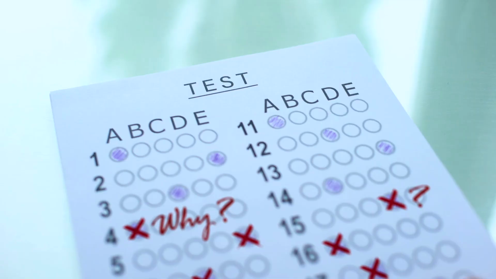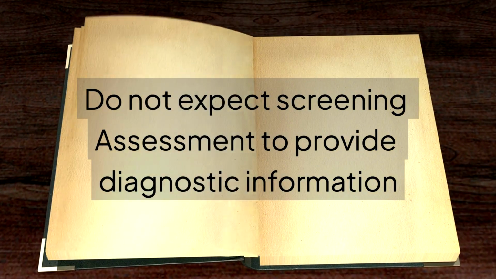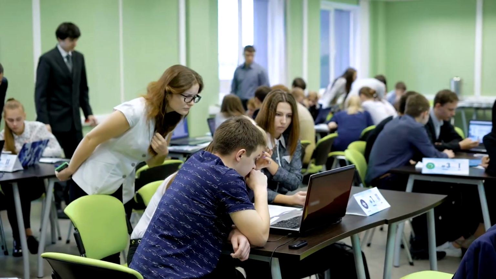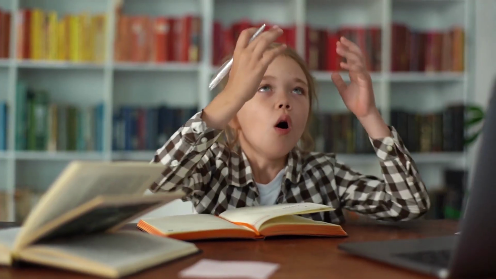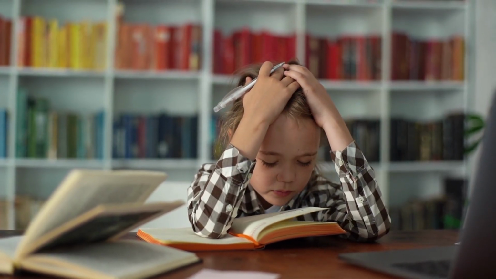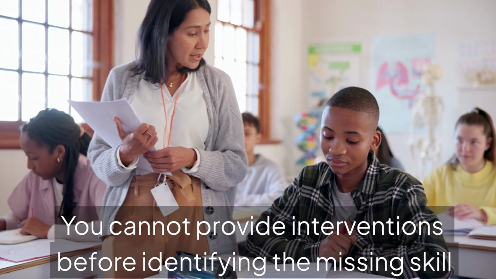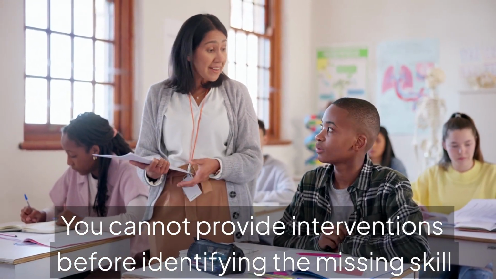Let's discuss 3 common mistakes educators make. Mistake number 1. You're expecting a screening assessment to provide diagnostic information. Remember, screeners identify risk. They do not diagnose the problem. Mistake number 2. You provide intervention before identifying the missing skill.